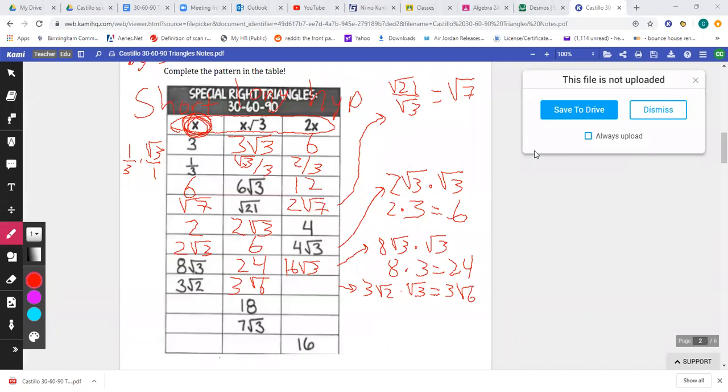And then just to get the hypotenuse, all you have to do is multiply by 2 from the short leg, right? So 3 root 2 times 2, this should just be 6 root 2.